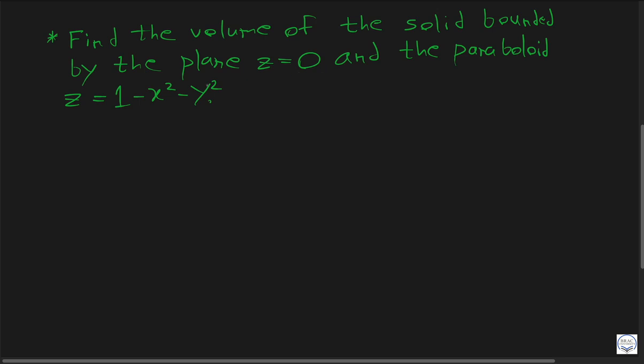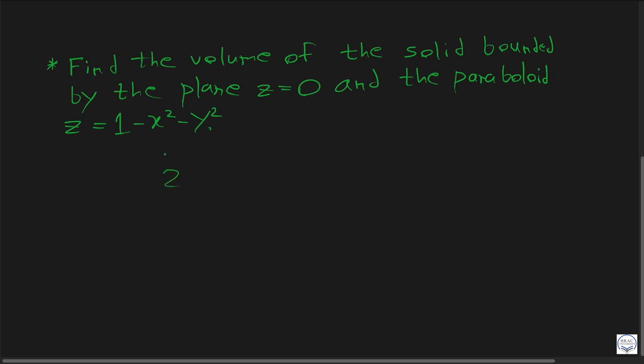Find the volume of the solid bounded by the plane z equals 0 and the paraboloid z equals 1 minus x squared minus y squared. So what is the plane z equals 0? It's just the xy plane, right?